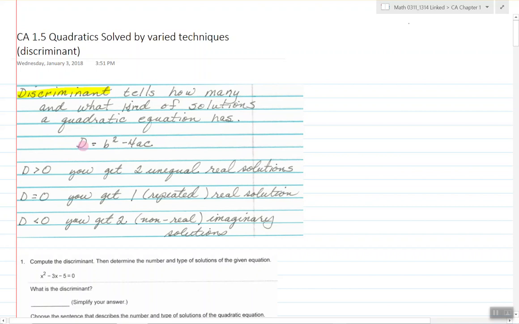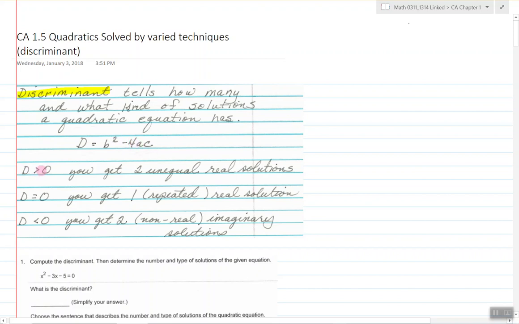So the formula for the discriminant is b squared minus 4ac. I hope that this looks familiar. This is the expression that is the radicand of the quadratic formula. So the kind of number you get as the radicand tells you lots about the kind of answers.